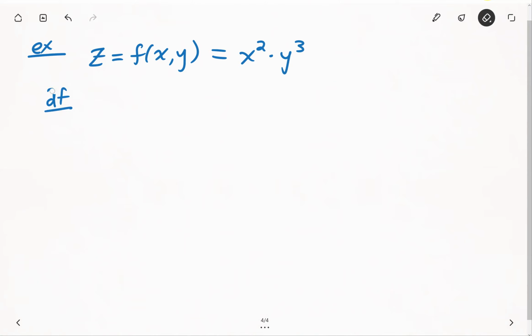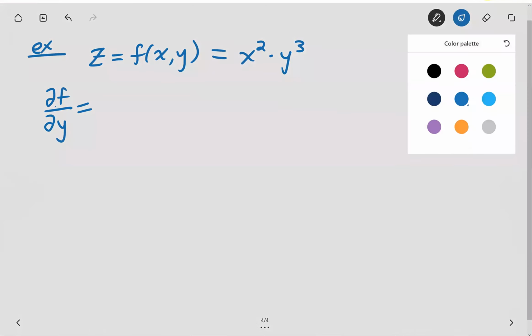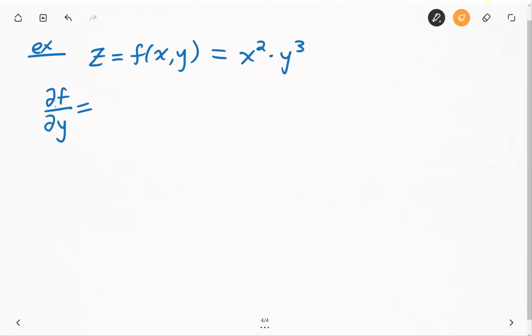Even I sometimes forget to write those curly d's. If I want to calculate this derivative, I'm going to think mentally, put a little note down here, I'm going to think of x as a constant.